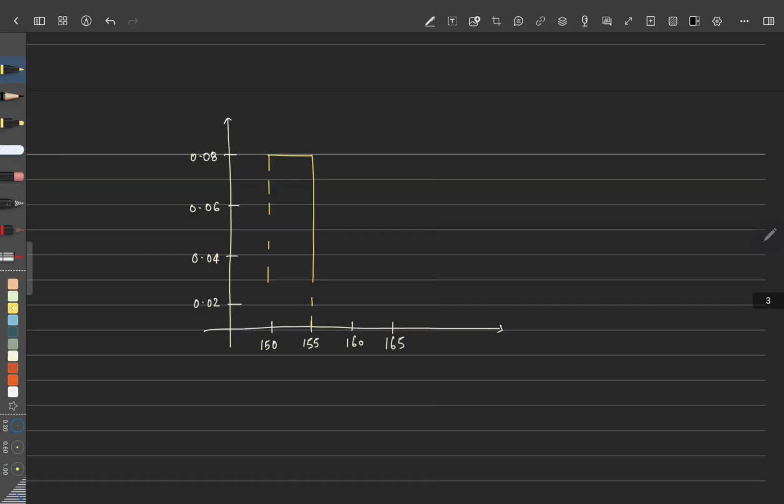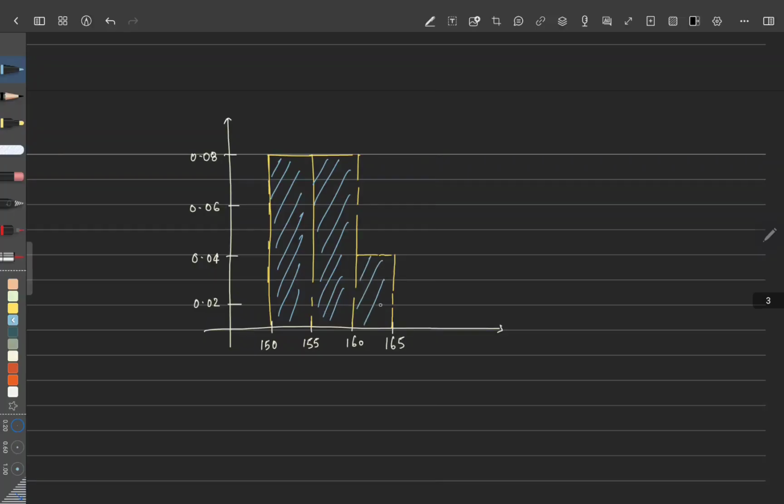Then another would also be here, because from 155 to 160 again we have 0.08, and then 160 to 165 we have 0.04. Let me shade this, again something like this.